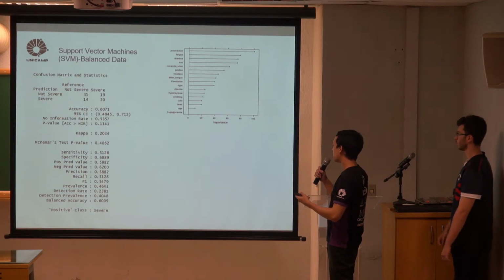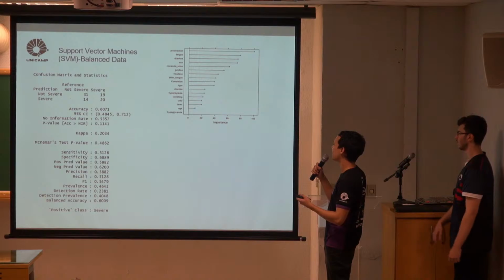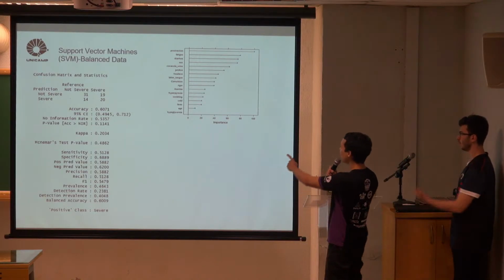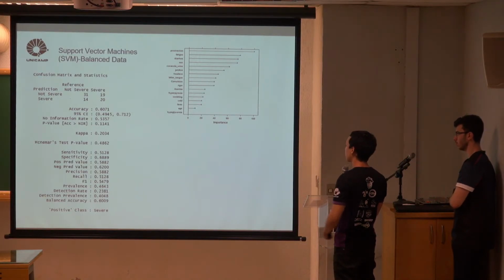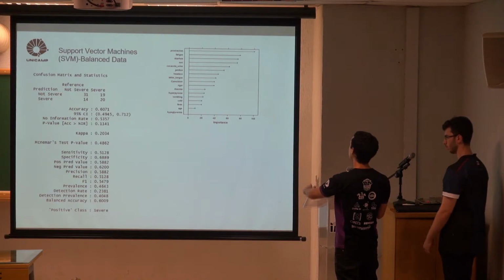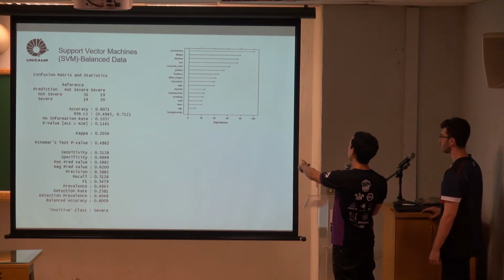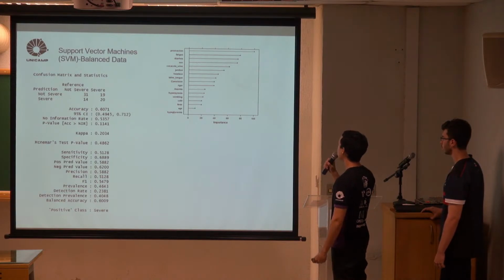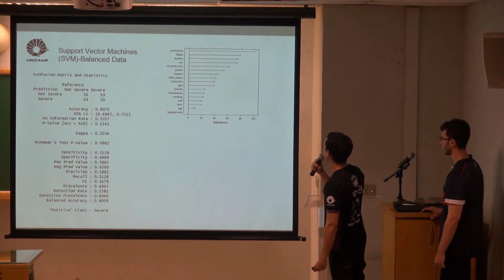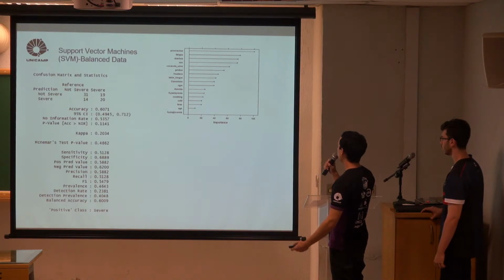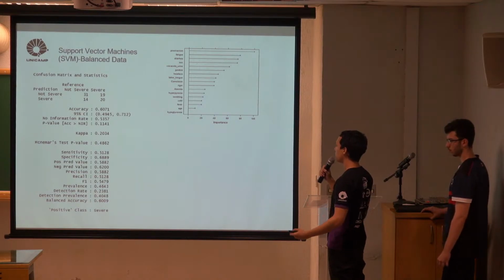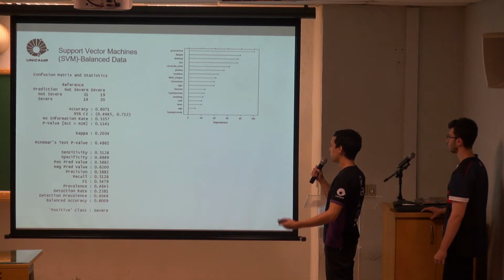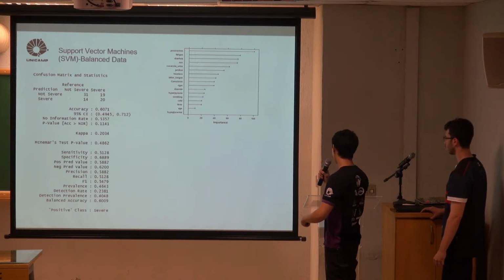The importance plot here showed us that prostration was the primary predictor to know if they were either severe malaria or not severe malaria.